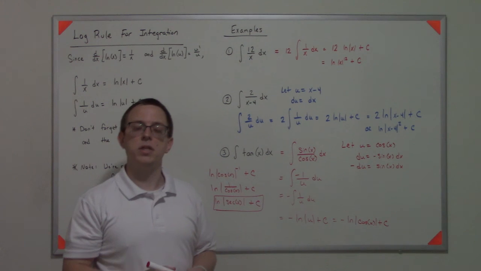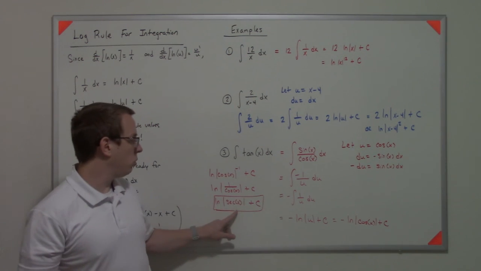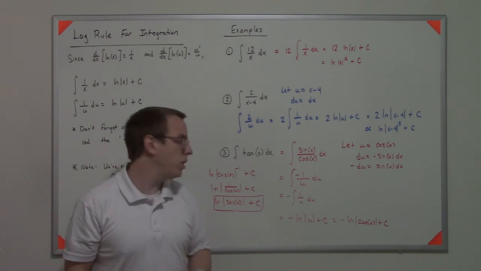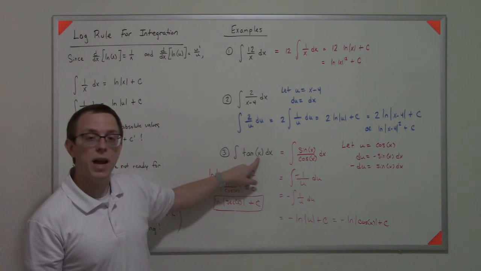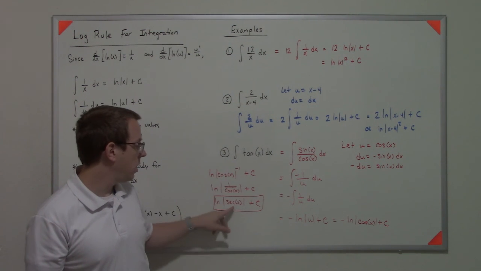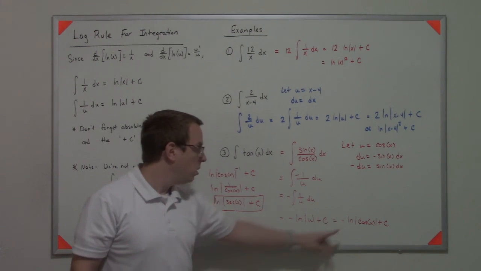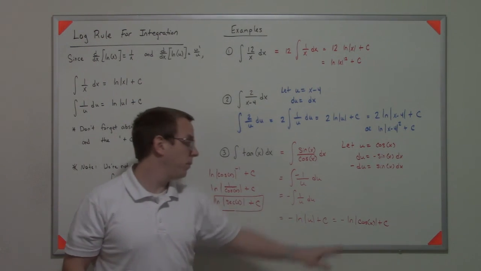So natural log of secant of x. This is generally the way you'll see this. When you see this in integration tables, you'll see that the antiderivative of tangent of x is the natural log of secant. But note that that's the same thing as this.